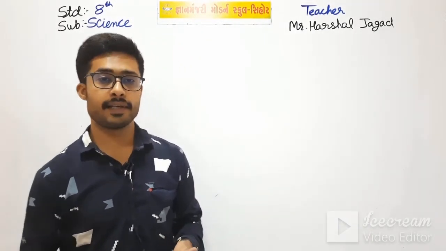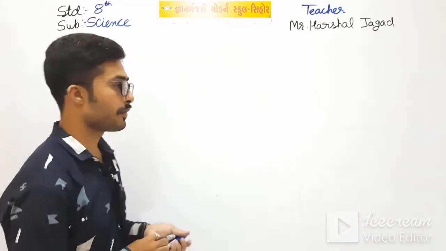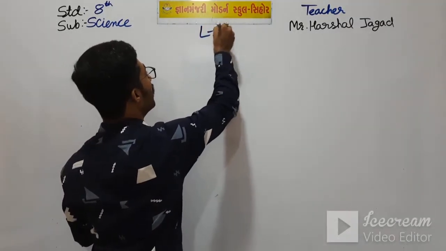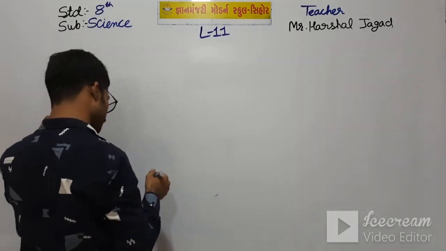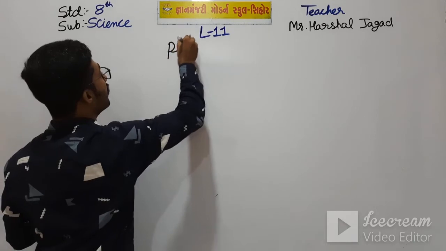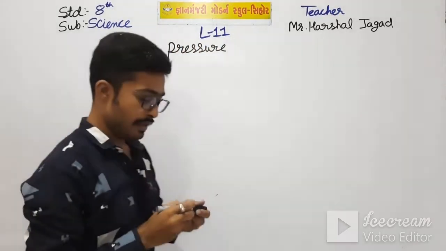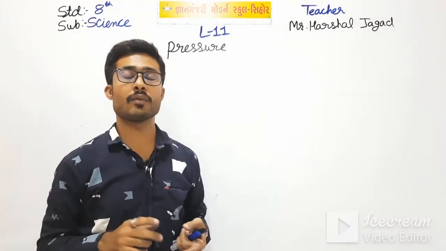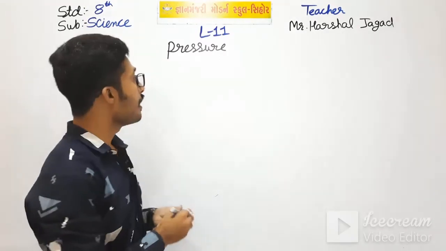In the previous video we have seen lesson number 11, that was pressure. And in pressure we have seen the introduction, that what is pressure. The force per unit area is pressure.